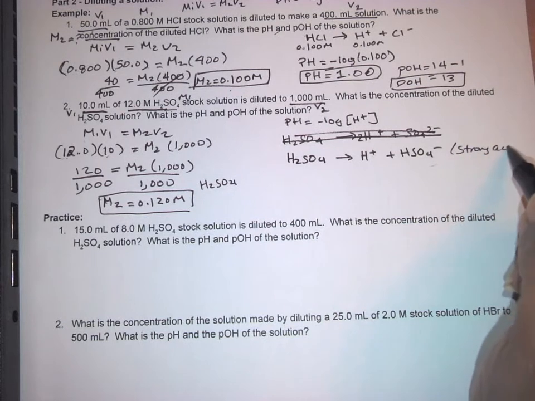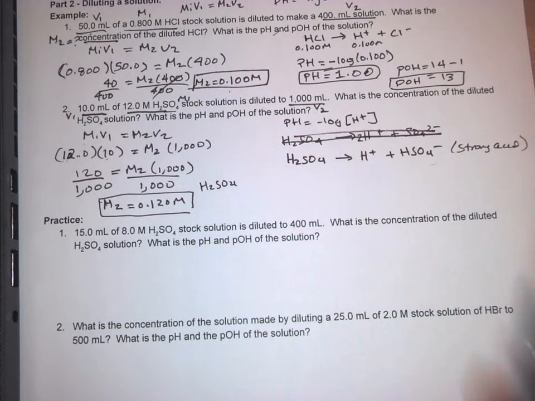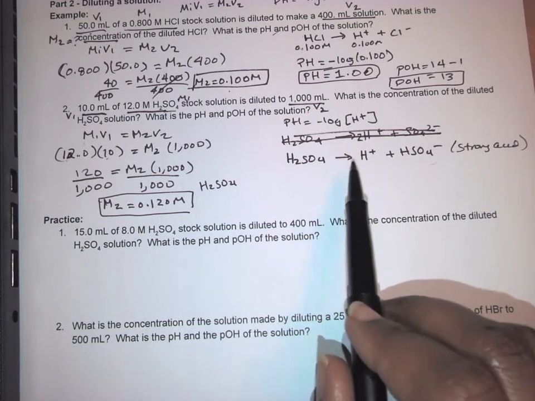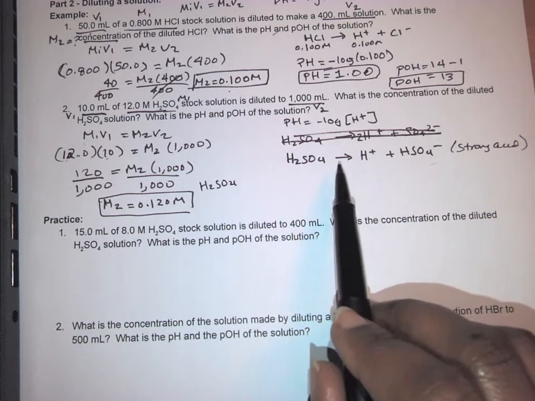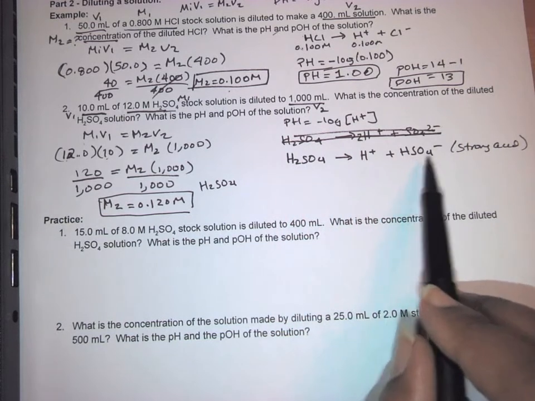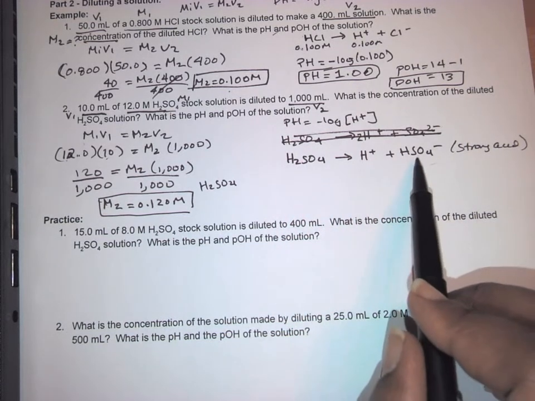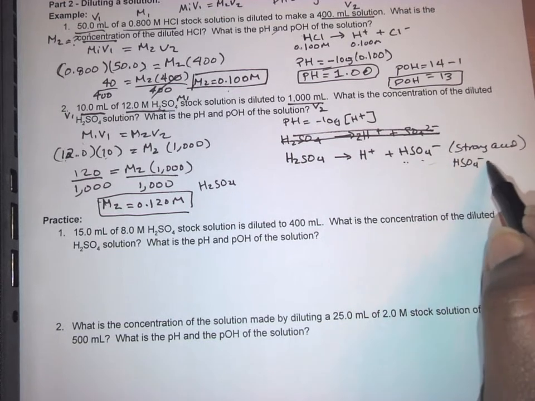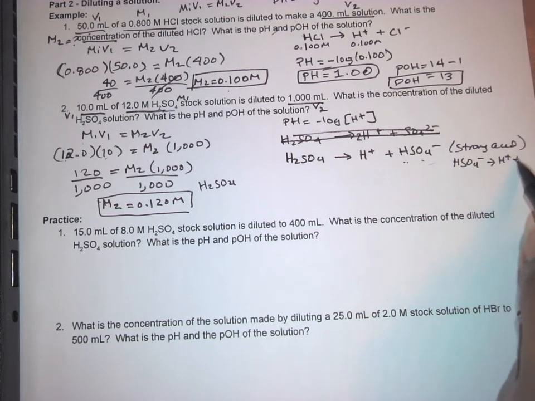Now, so most people, because this is the strong acid, this is the dominant acid, this is also the dominant process in solution. So what most people do is they just use this information, right? They don't go any further, this is actually a weak acid. So HSO4 minus going to form H plus and SO4 2 minus, right?